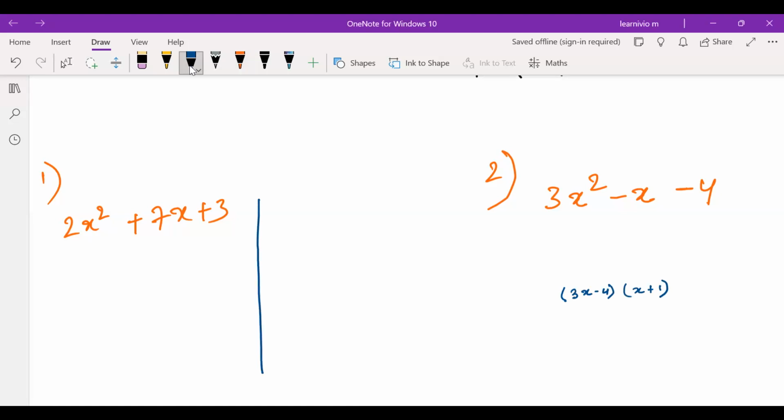First, we will do the multiplication of A and C. That is 3 into 2, that is 6. Break this 6 by using two such numbers, which when added together or subtracted together will give the 6 plus 1. Yes, we can take 6 into 1 is 6, and 6x plus x is 7x.